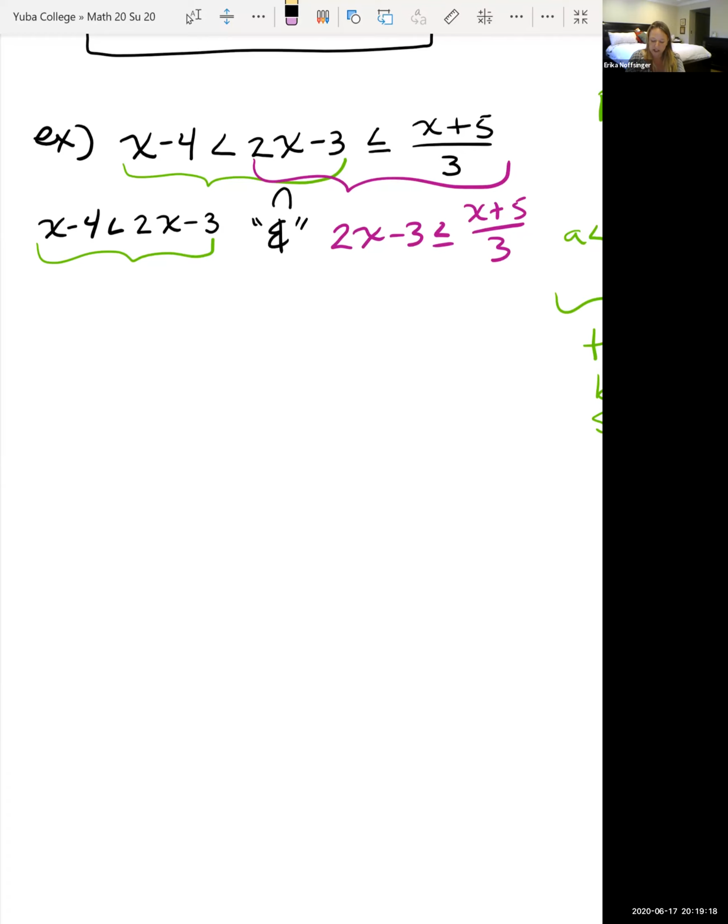Okay, so each inequality, we're going to solve them separately, but each inequality is a linear inequality. And so we solve those by just solving it like it was an equal sign. Only thing we have to worry about is multiplying or dividing by a negative.